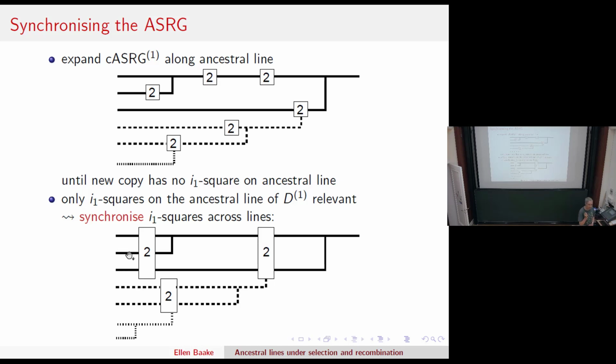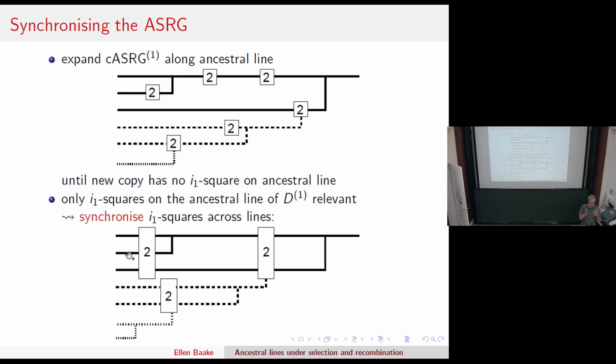And that actually allows me to synchronize those squares. Rather than running an individual Poisson process on every line segment, I can run a single Poisson process for each of the ASGs. So one Poisson process for the solid one, another one for the dashed one, and so on and so forth. And then when a point falls, I draw a bar across all lines in that graph.